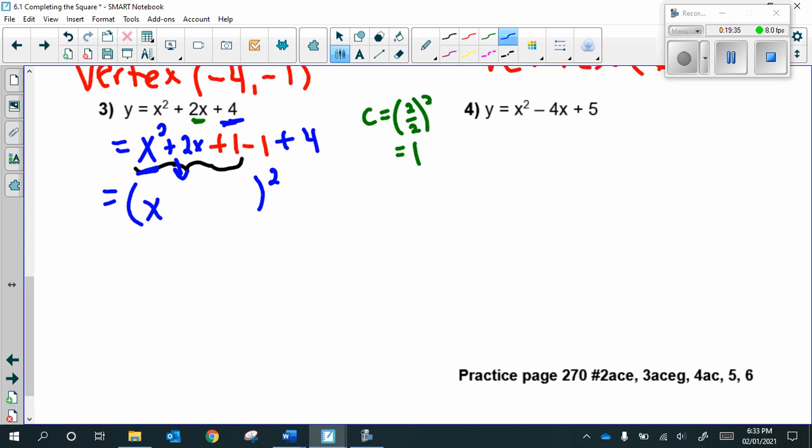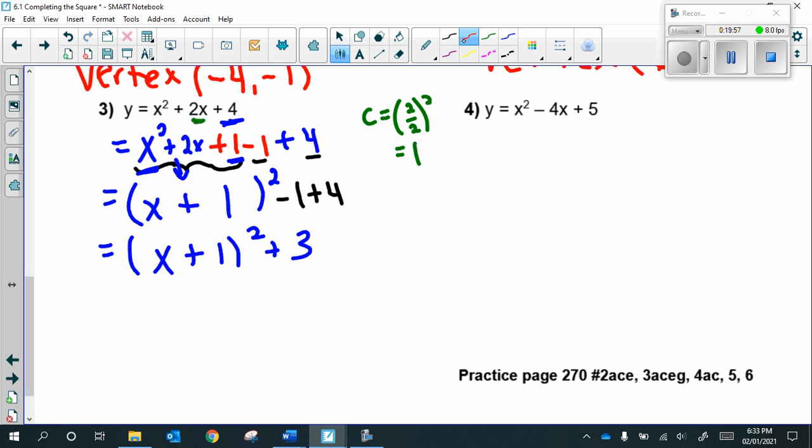First sign that you see is plus. Square root of the third term is 1. So x plus 1 squared. And then don't forget, we still have those two last terms here, negative 1 plus 4. And let's simplify this. We got x plus 1 squared. Negative 1 plus 4 is plus 3.